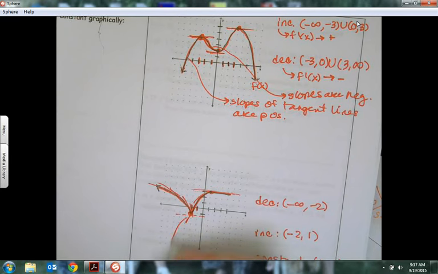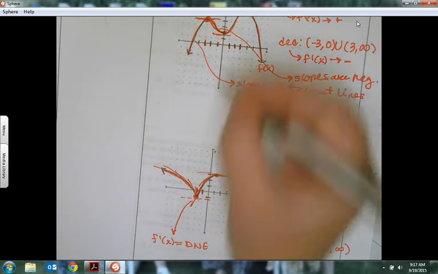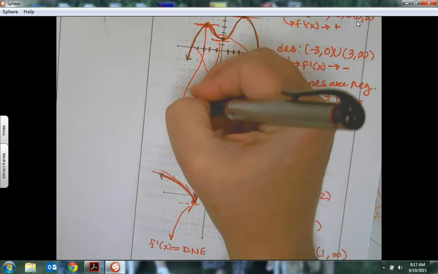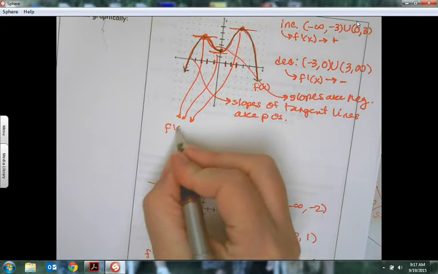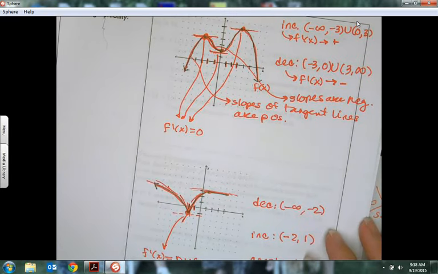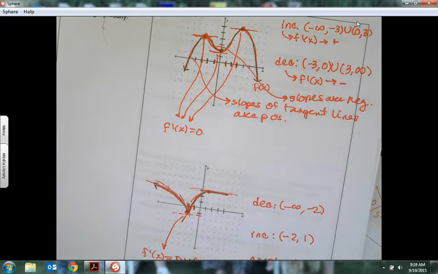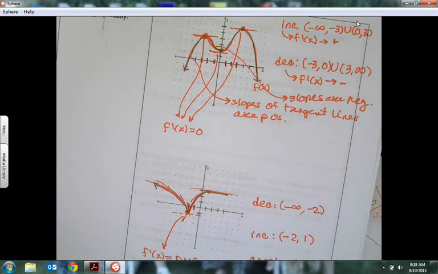So that's going to be where f prime of x does not exist. And these guys are going to be where f prime of x equals 0. And that's what we've been discussing. These are all critical points of relative max and mins, but they also determine where the graph can change from increasing to decreasing.